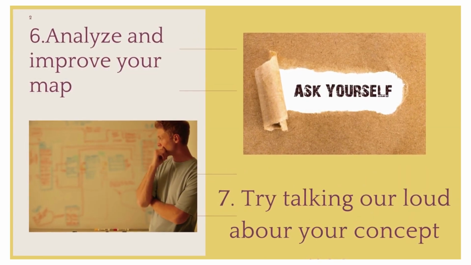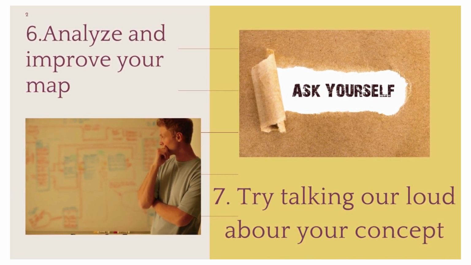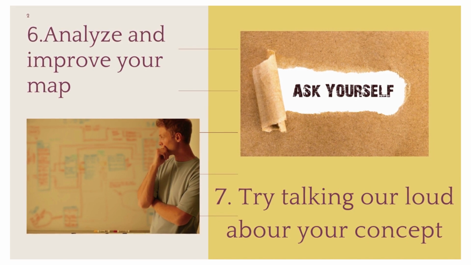Next is analyze and improve your map. So if you notice that you reach a dead end and only a few of the topics were included, then you analyze and improve your map based on your main topic.